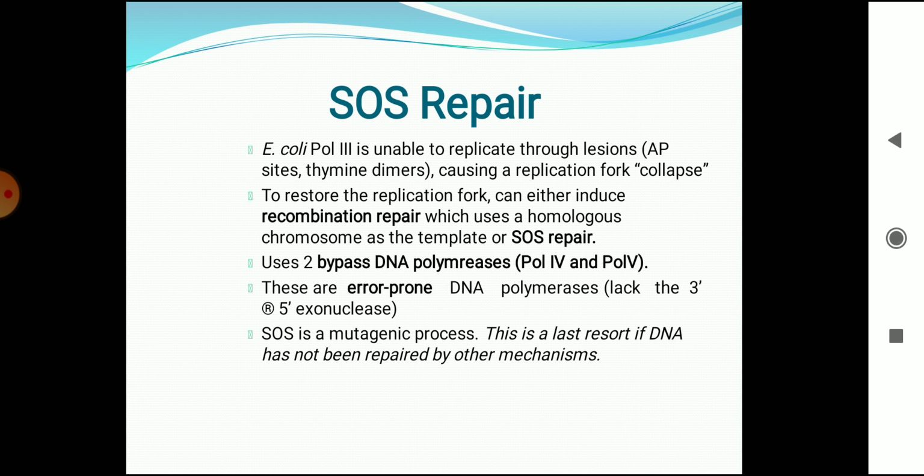To restore the replication fork, one can either use recombination repair, which uses the homologous chromosome as the template, or SOS repair, which uses two bypass DNA polymerases, Pol IV and Pol V. These are error-prone DNA polymerases, which lack the 3' to 5' exonuclease. SOS is a mutagenic process. This is a last resort if DNA has not been repaired by other mechanisms.